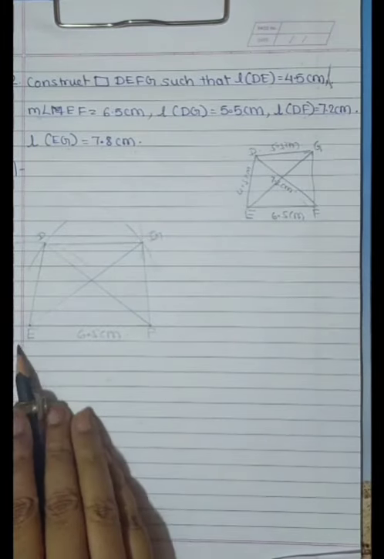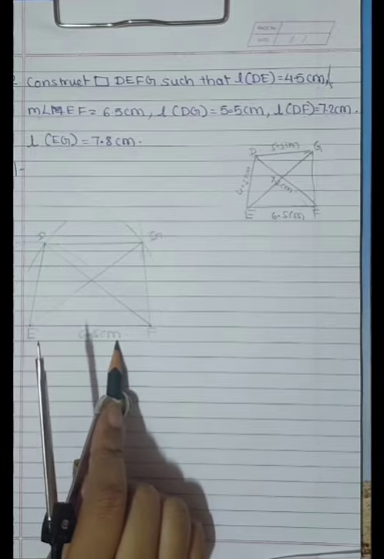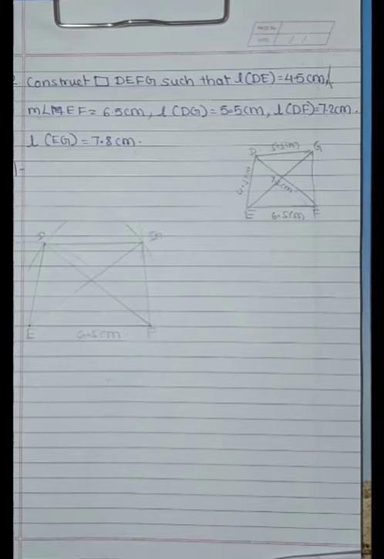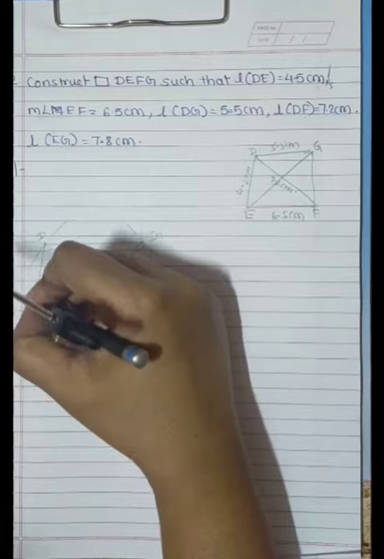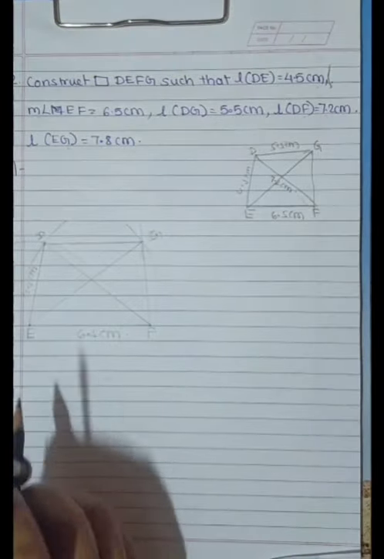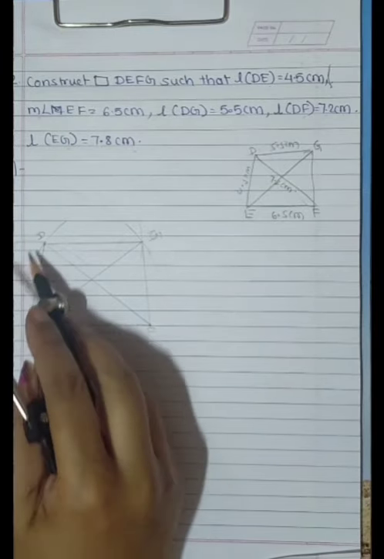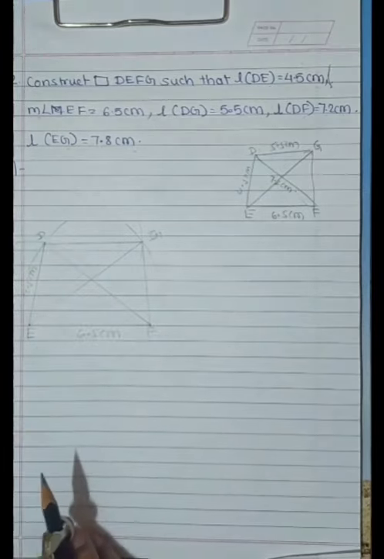Okay, first we have taken EF as 6.5 centimeter. Afterwards we have taken 4.5 centimeter arc. Okay, then we got ED. I hope you understood.